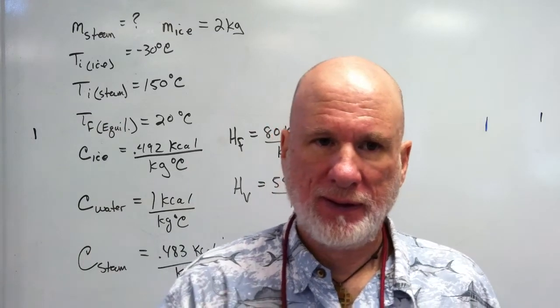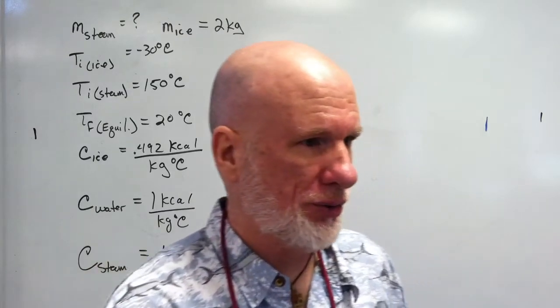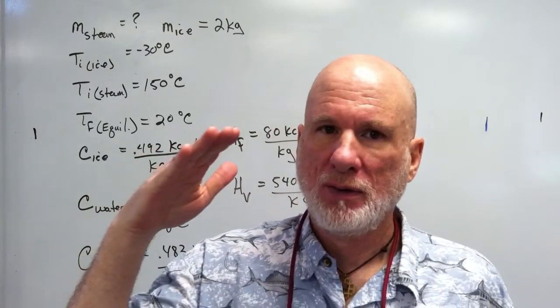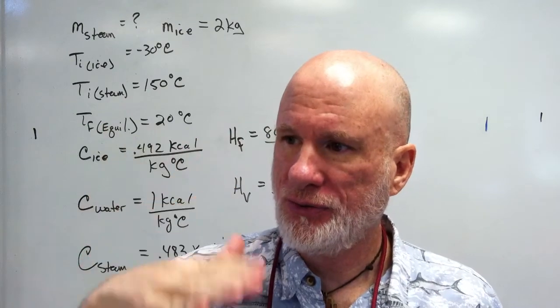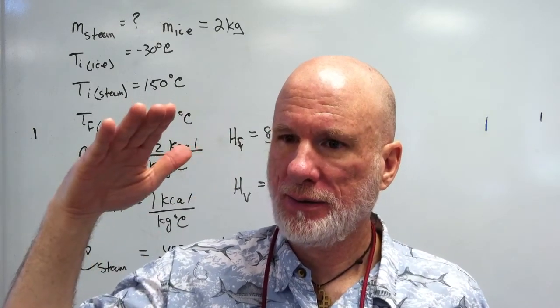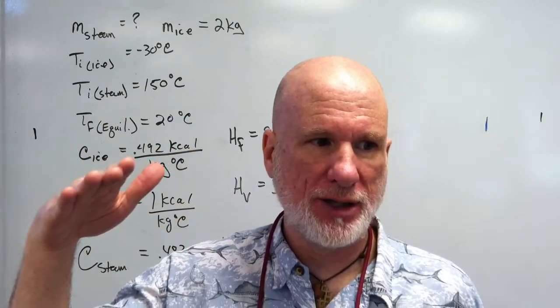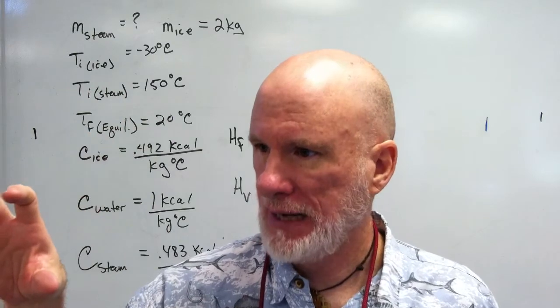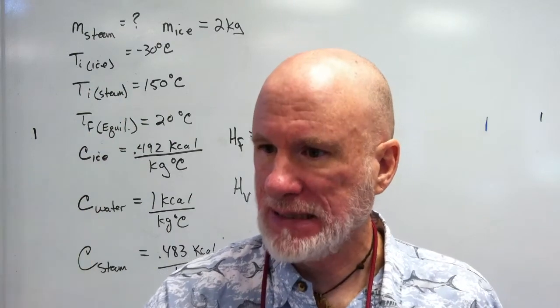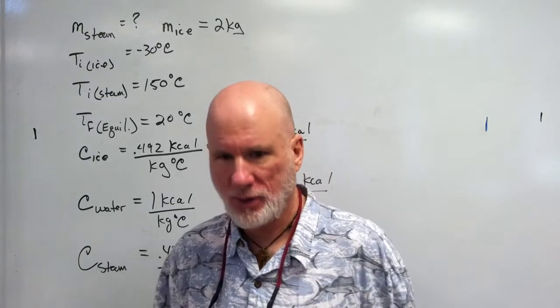And then Q3 would be 100 liquid to 0 liquid, which would be the 0 final temperature minus the 100 initial temperature, and that heat would be negative, correct? That also makes sense because it's giving up heat, and it would be exothermic, correct?